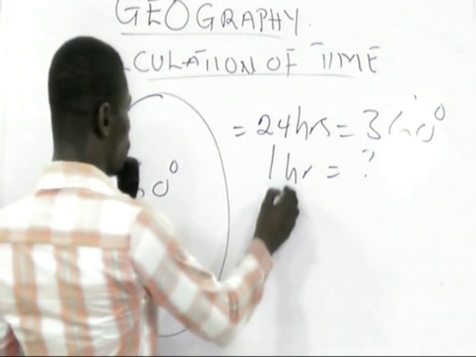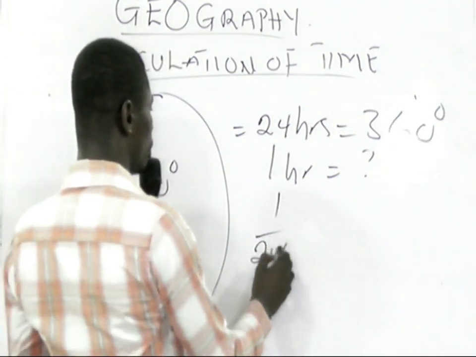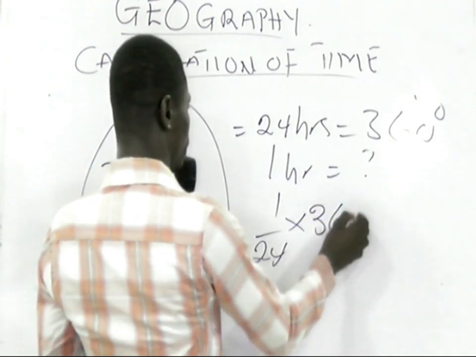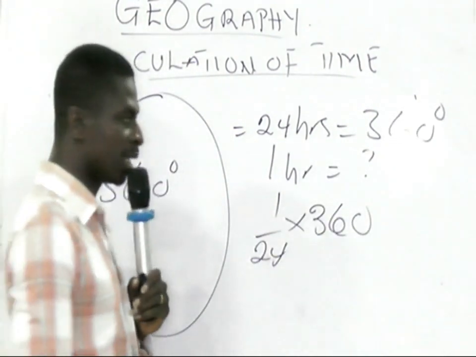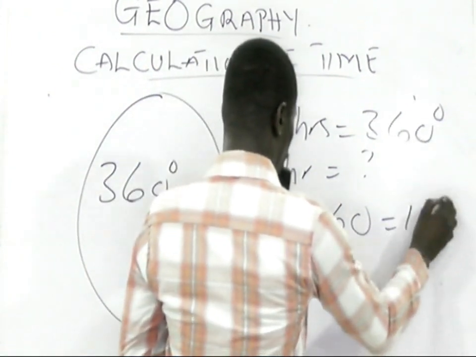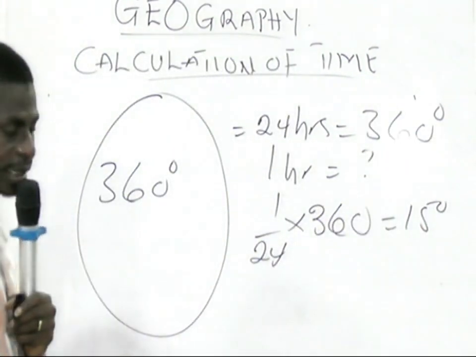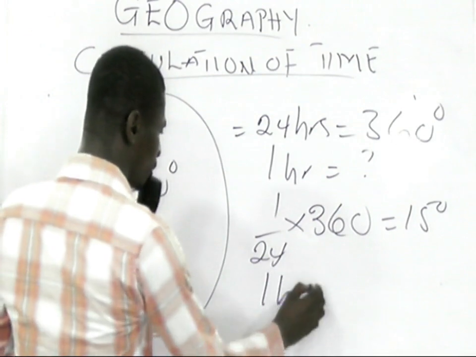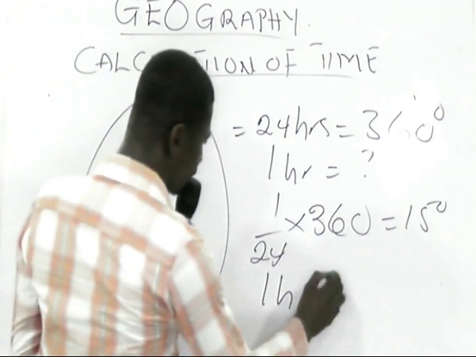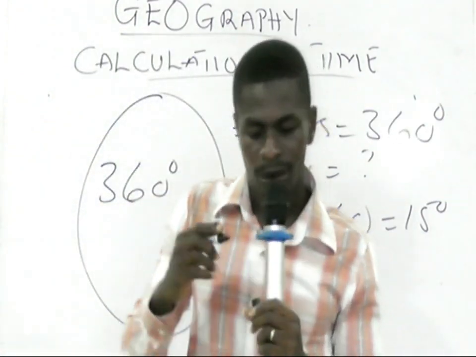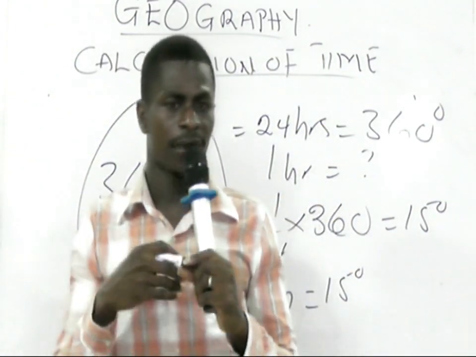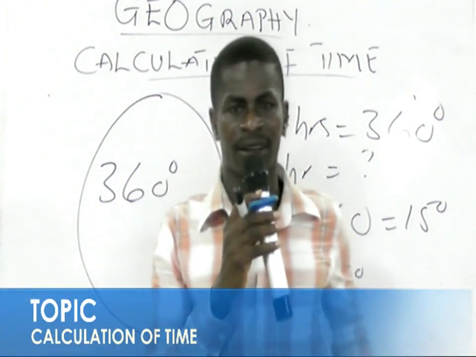Therefore, we have 1 over 24 times 360, and if you go through this, you are going to get 15 degrees. So we can conclude that for every 1 hour, we have 15 degrees. It means that the earth rotates 15 degrees every hour.